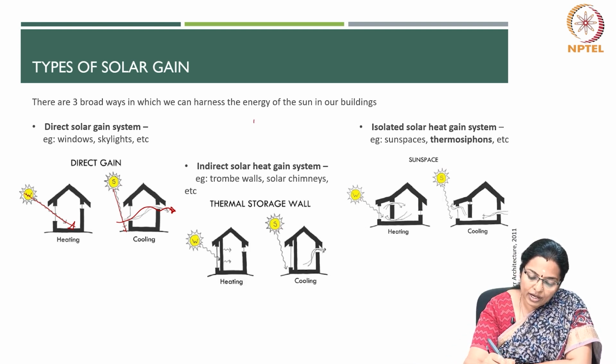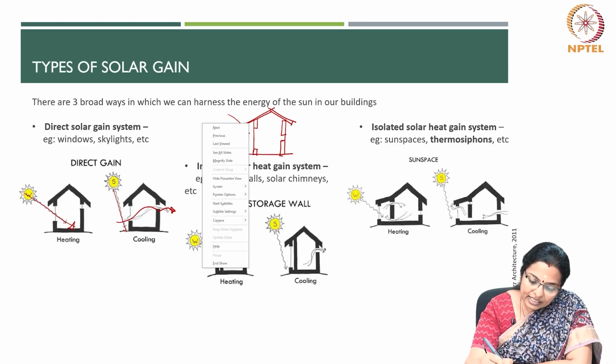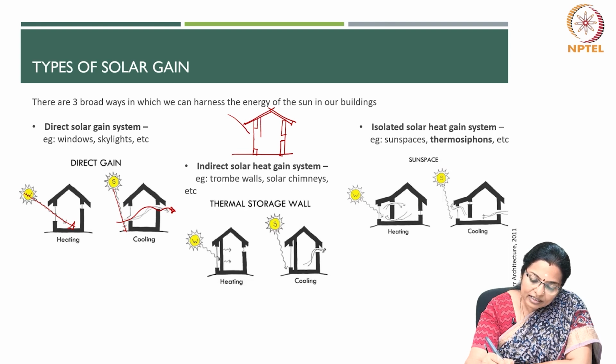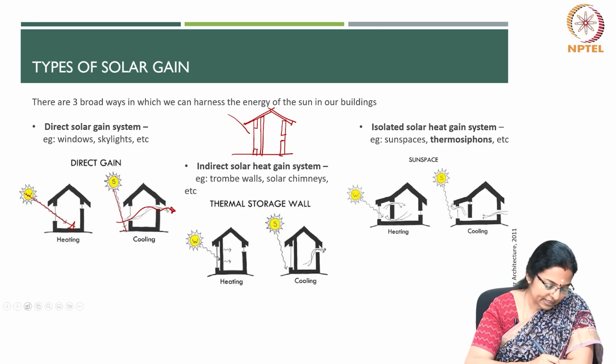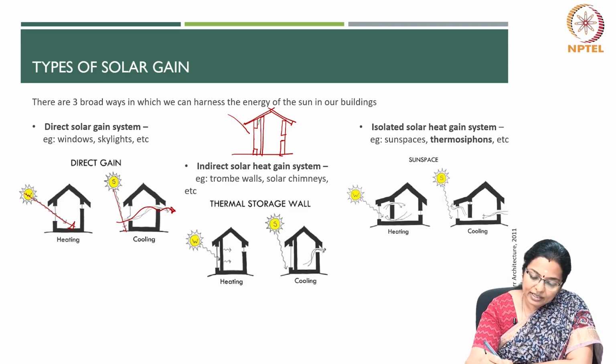In indirect solar gain, instead of the solar gain hitting the surface directly, there is yet another layer of wall behind, creating a space like this.